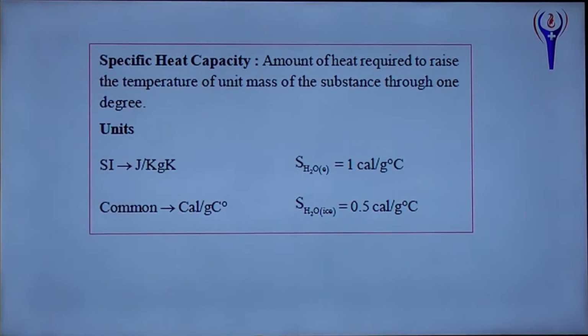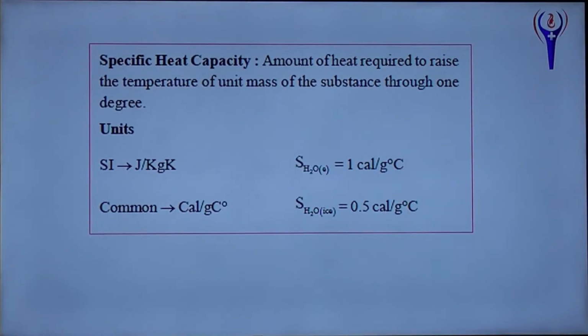Specific heat capacity is the amount of heat required to raise the temperature of unit mass of the substance through 1 Kelvin. This is the definition of specific heat capacity. What is specific heat capacity? It is the amount of heat required to raise the temperature of unit mass of the substance through 1 degree or 1 Kelvin.